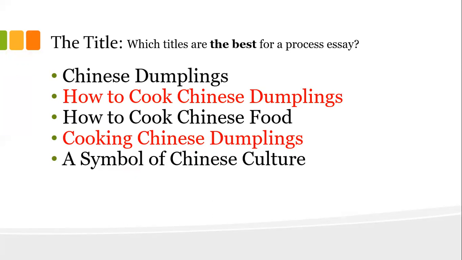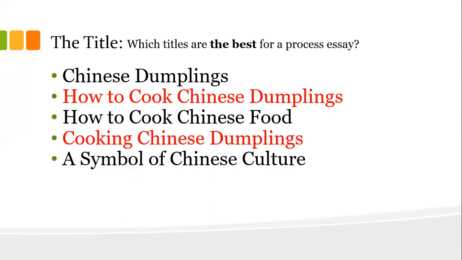So a very simple, easy title for a process essay would be how to do something. The first title, which is simply Chinese dumplings, gives me the topic, certainly, but it doesn't let me know what kind of essay. It doesn't really let me know that you will be telling me or teaching me how to cook these Chinese dumplings.